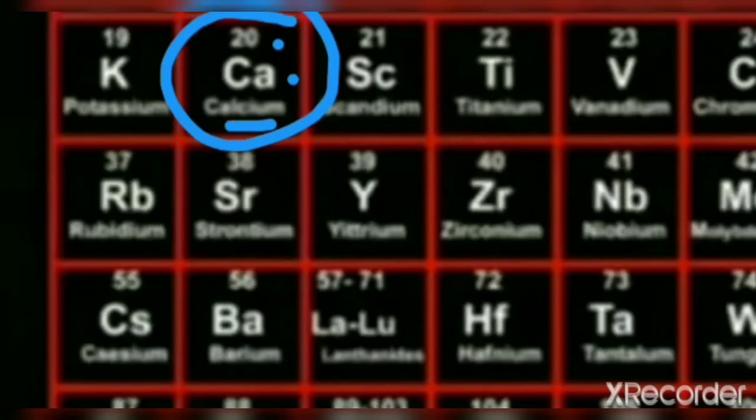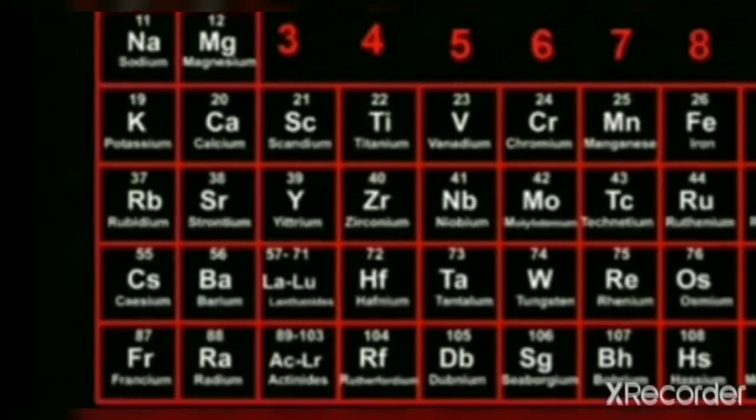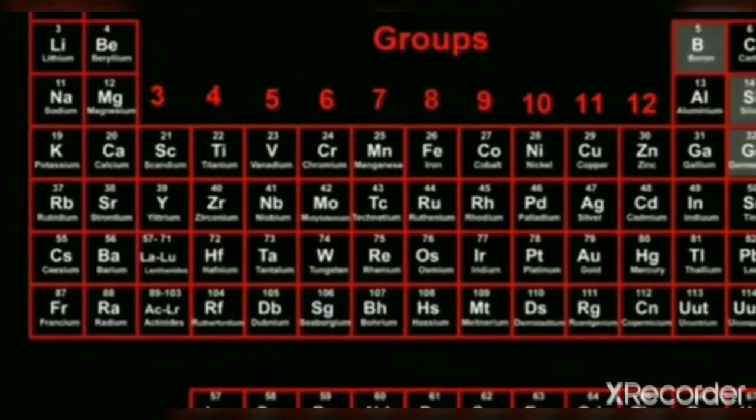So in the periodic table, the elements are written with their symbol, their atomic number, and their name.